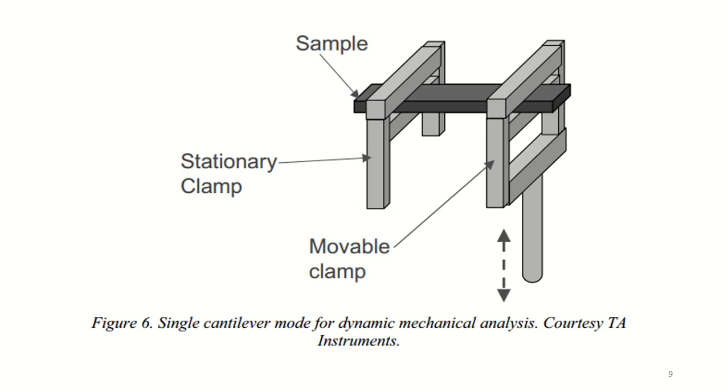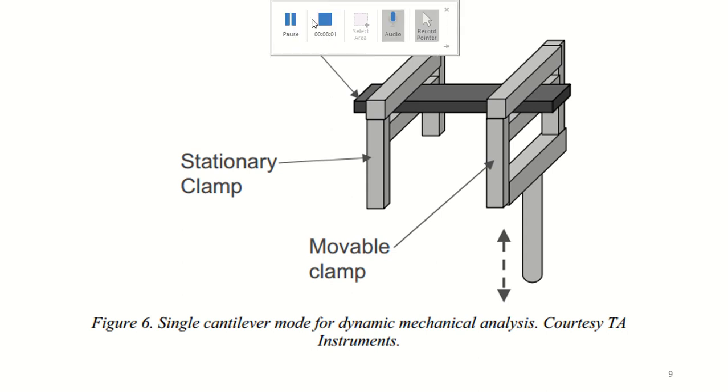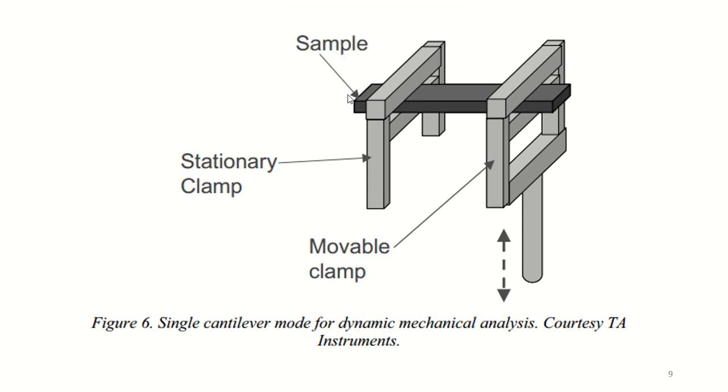And here we can see in Figure 6 the single cantilever mode for dynamic mechanical analysis, in which we can put the sample with a stationary clamp which is not movable. The second one is a movable clamp, and we can move that clamp upward and downward.